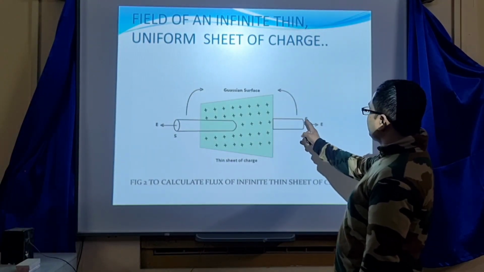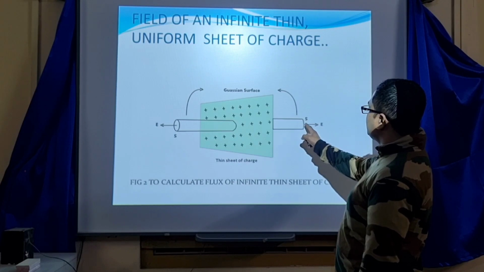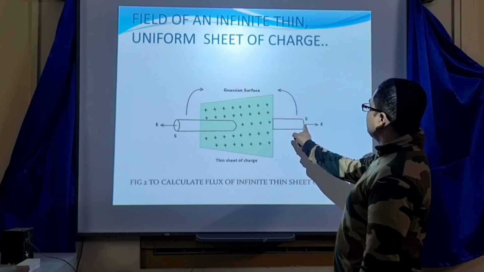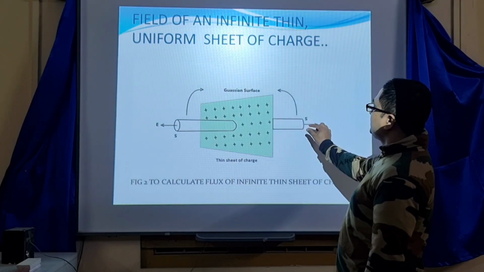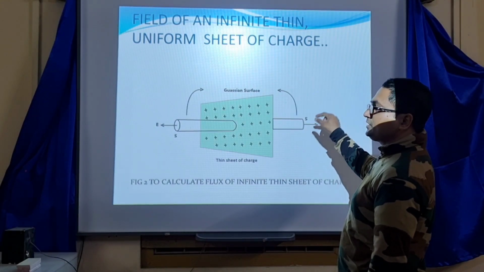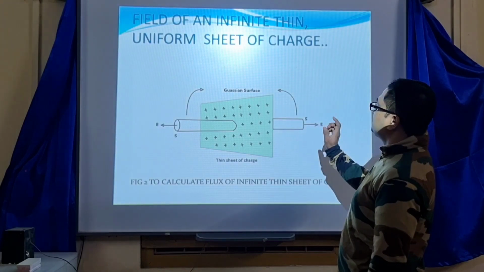You can see that for these end faces, the area vector is in this direction, and the electric field is also in the same direction, so the angle is 0. So ES cos theta, theta equal to 0, so this is ES.